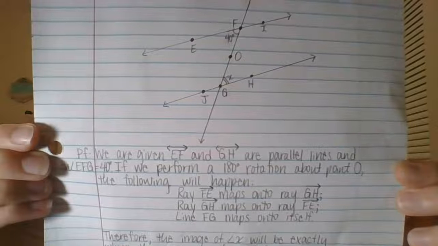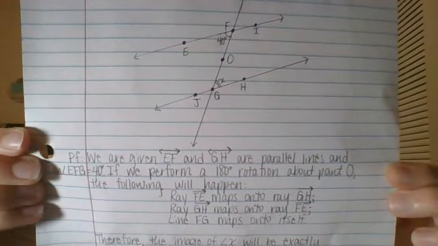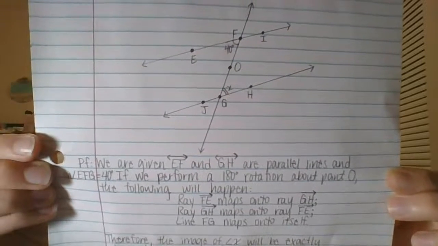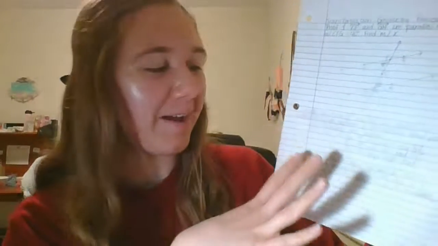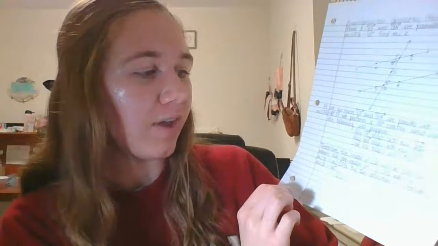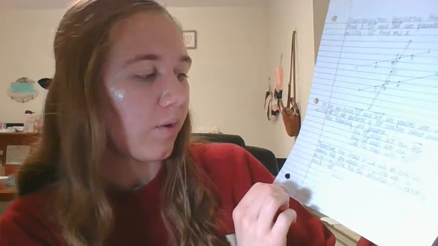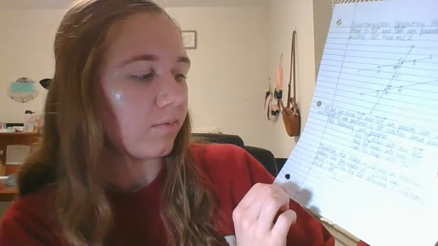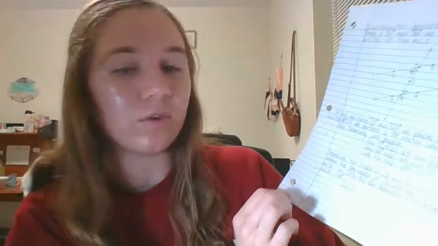So ray FE maps onto ray GH, ray GH maps onto ray FE, and line FG maps onto itself. So I'm trying to read this from behind it. And therefore, the image of angle X will be exactly where the pre-image of angle EFG was. So the measure of angle X equals the measure of angle EFG. By the definition of rotations, measure of angle X equals 40 degrees.